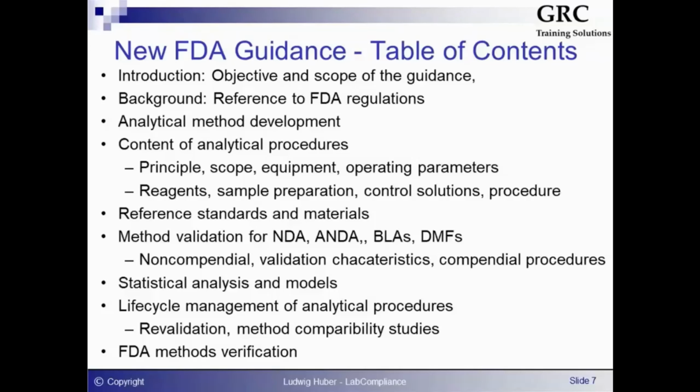Again, I repeat, life cycle management of analytical procedures with recommendations for revalidation, for periodic review, and comparability studies, and it also has recommendations for reporting post-marketing changes to an approved new drug application, ANDA, or biologic license application. So this is also all very important.